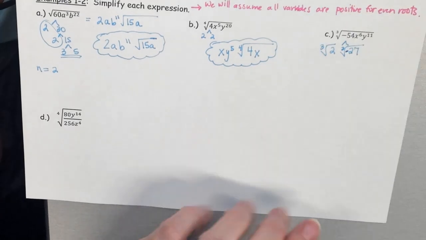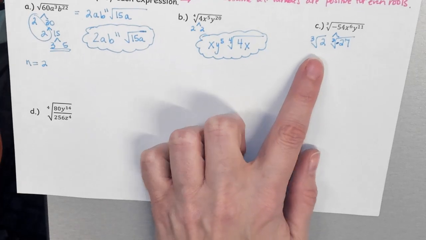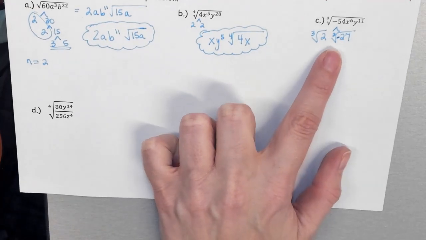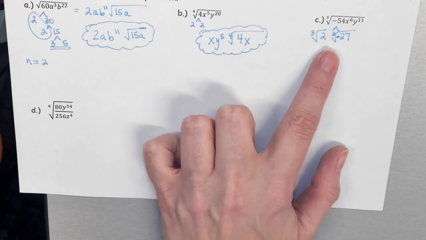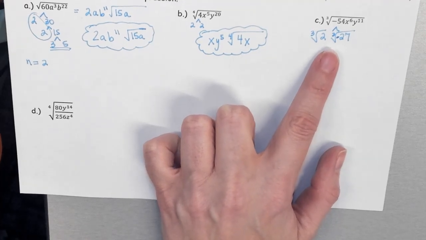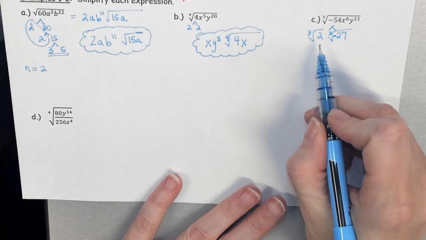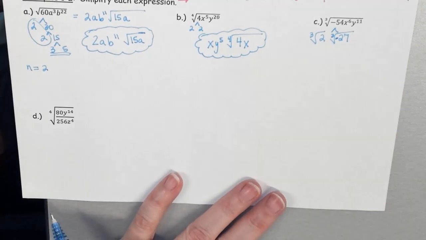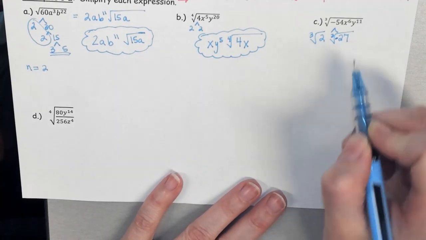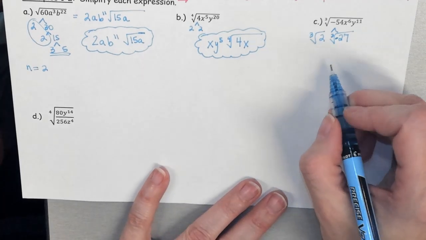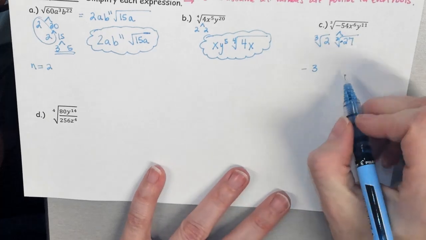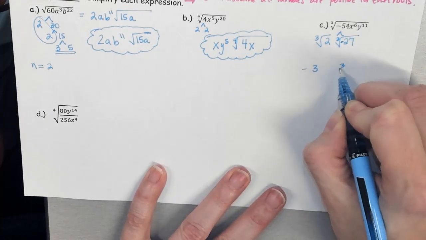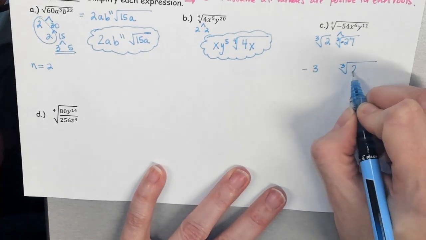So this is like splitting negative 54 into the cube root of 2 times the cube root of 27. Okay, you could keep breaking that down until you have the 3's. Okay, but this is the same thing as the cube root of 2 times the cube root of negative 27. And what's the cube root of negative 27? Negative 3. So you want that negative to come on the outside, and then you're going to keep 2 in the cube root.